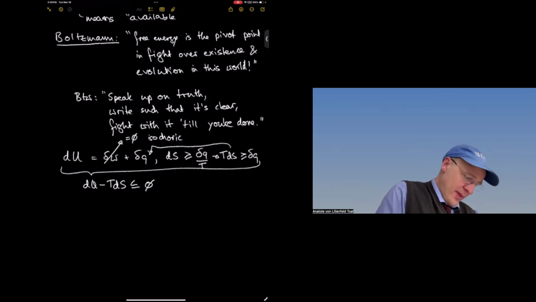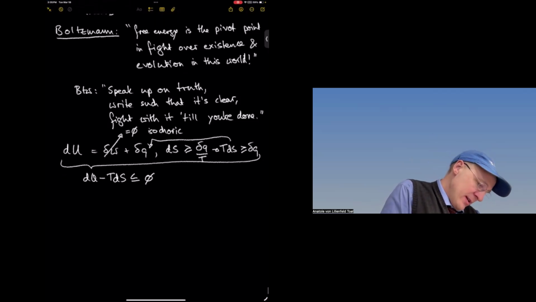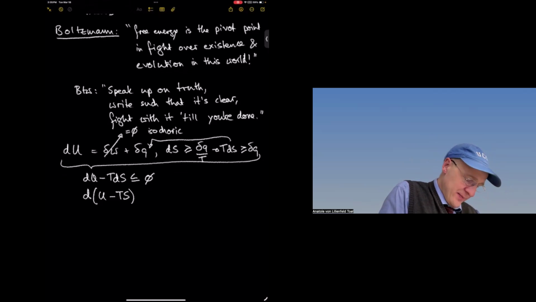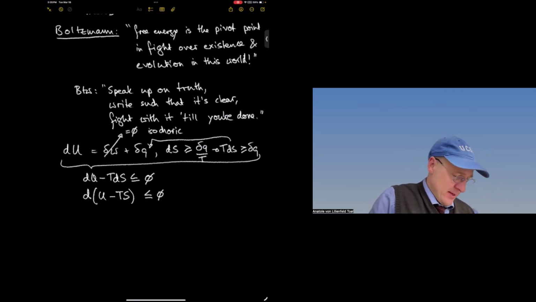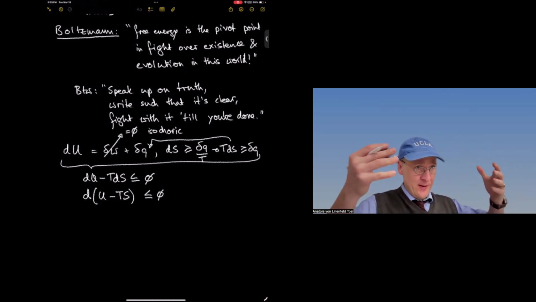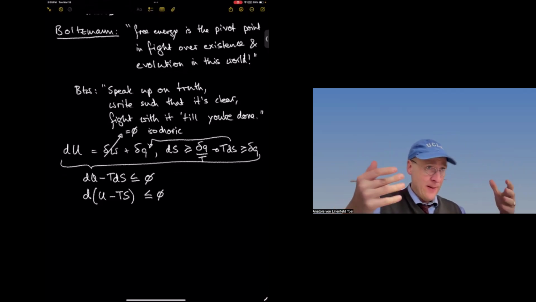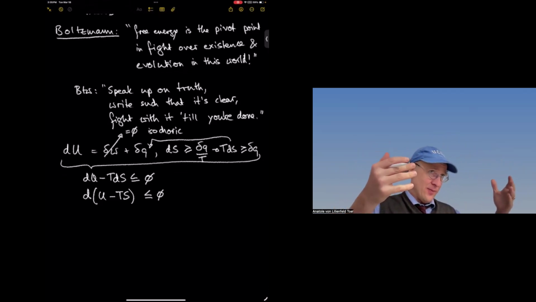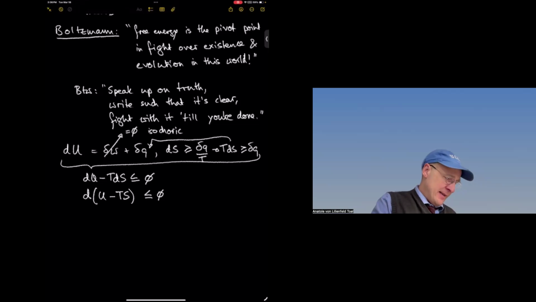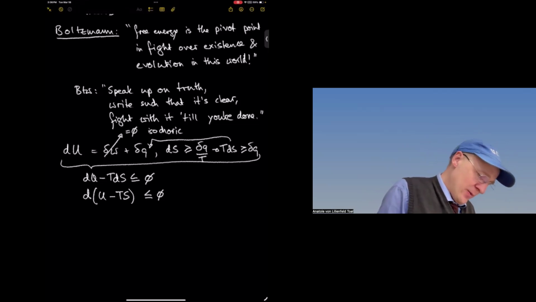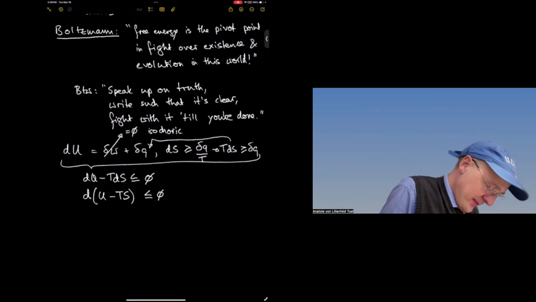Now, we factor out our differential, and we have U minus TS, which must be smaller or equal to 0. So this is the difference, the balance between your internal energy and temperature times entropy. And this balance is what we call the free energy.